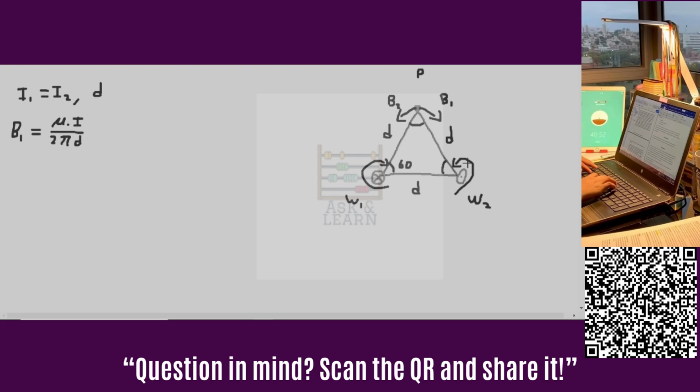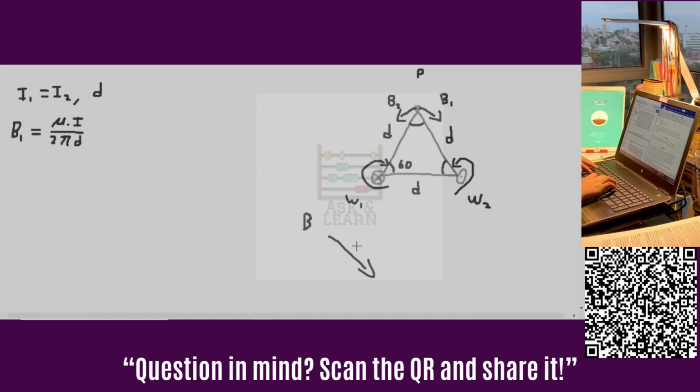So I'm going to take the magnetic field from wire 1 and make a triangle out of it. So if I take the vector here from wire 1 and move it down here, make it a little bit bigger so we can see what we're doing a little bit easier. This is B1.